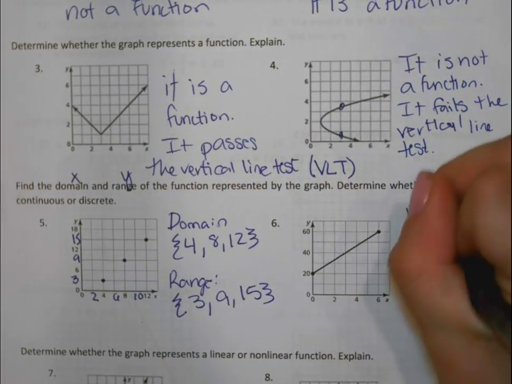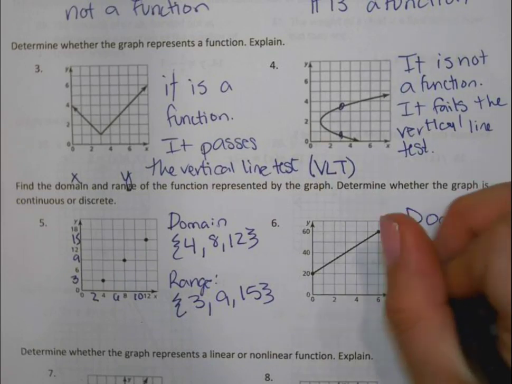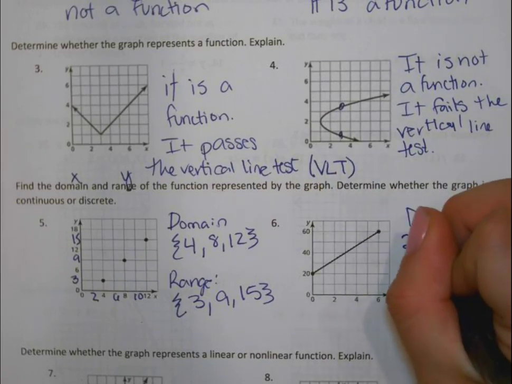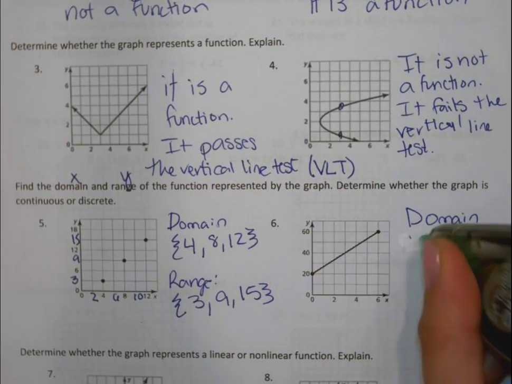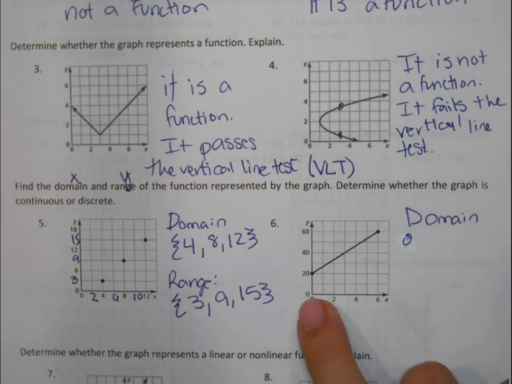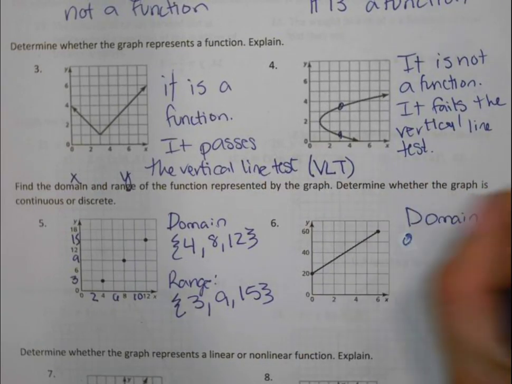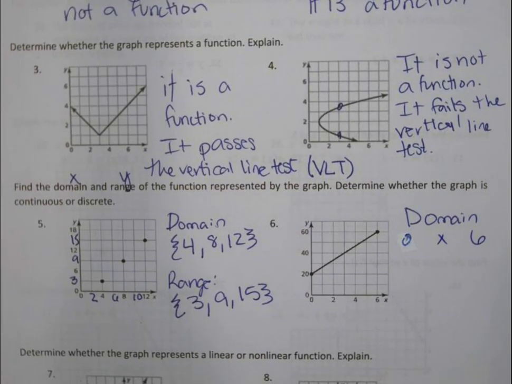On number 6, my domain is 0 to 6. Because it starts here, ends here. So I have 0 and 6. This one gets written with an inequality because it's a straight line, x is in the middle.